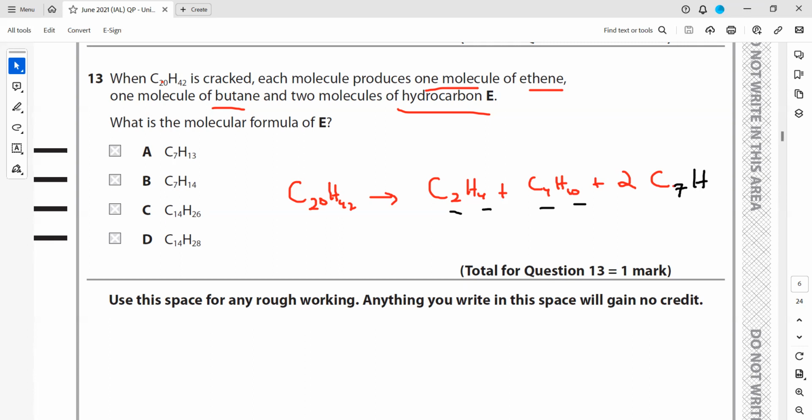To have 28 hydrogen, how many hydrogen should be here? It will be 14. So which molecule is missing here, because 2 of them are given? That is C7H14. So it is heptene. So we just complete the equation and work out the final result.